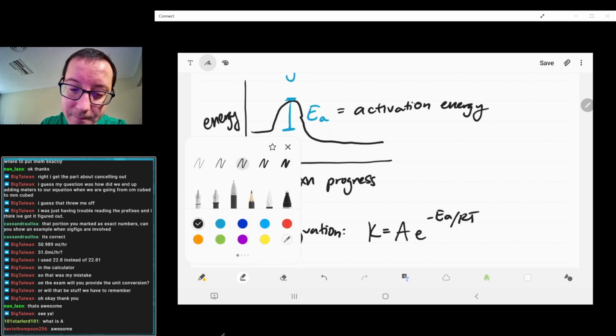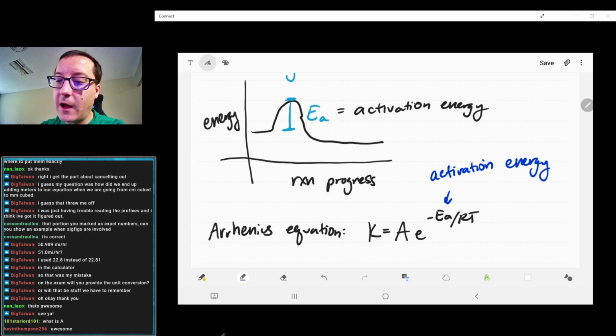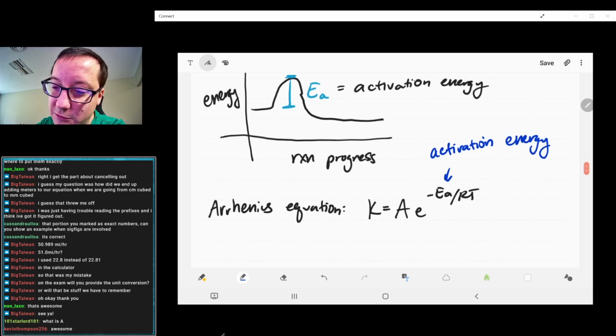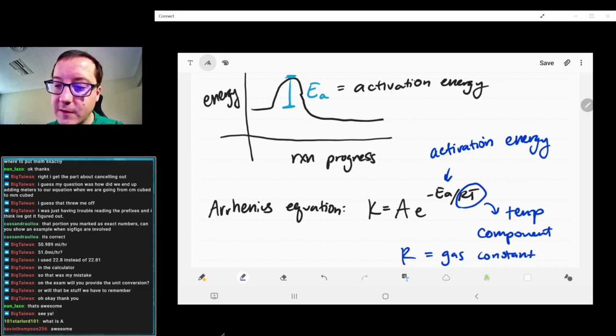It's relating. By the way, A is used here, unfortunately. That is not the same thing as the A that we just talked about. Here's our activation energy. And so we can see here how it's going to relate to the temperature component. And of course, we have our dear best friend, our gas constant R, as always.